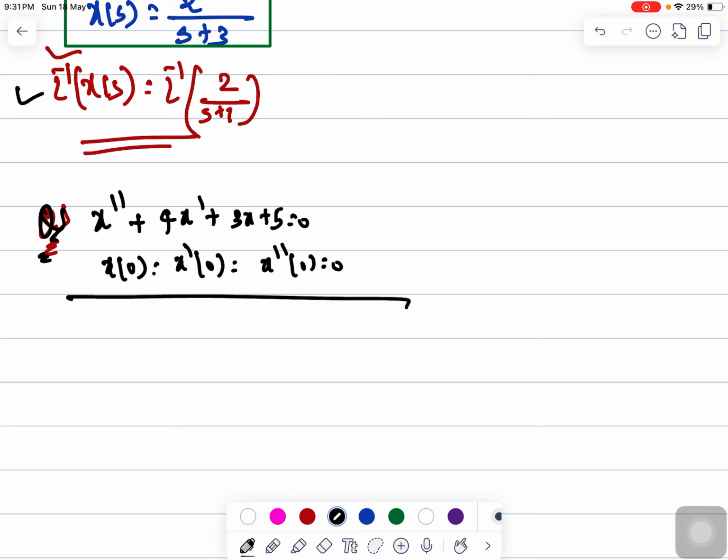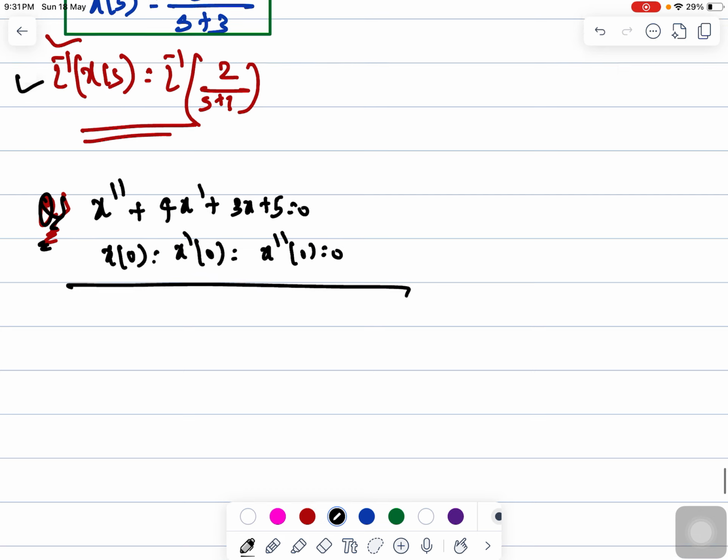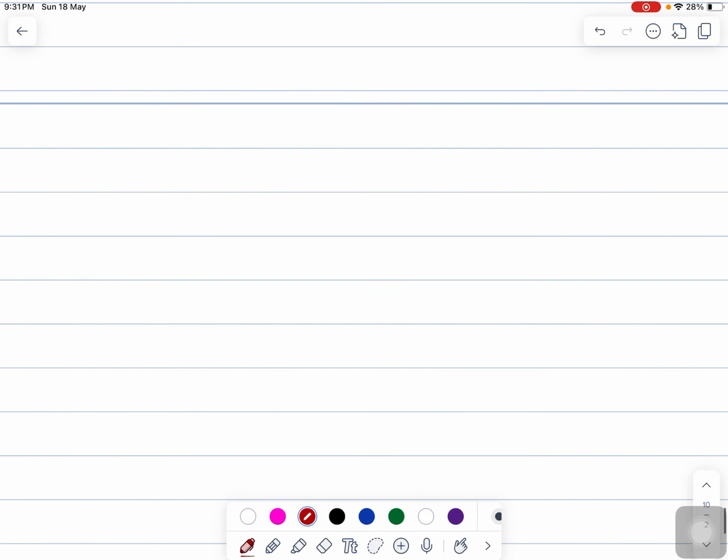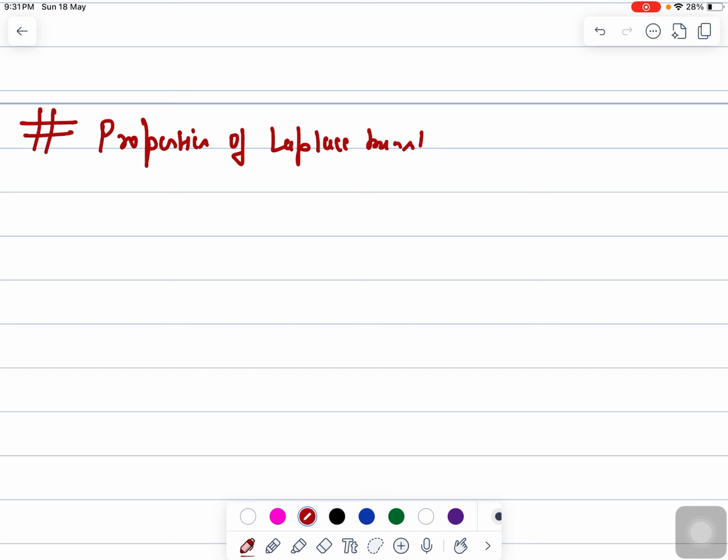Now coming to the next topic of Laplace transform: properties of Laplace transform. The first property is that Laplace transform is linear.